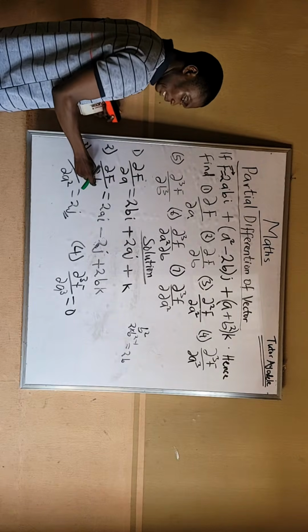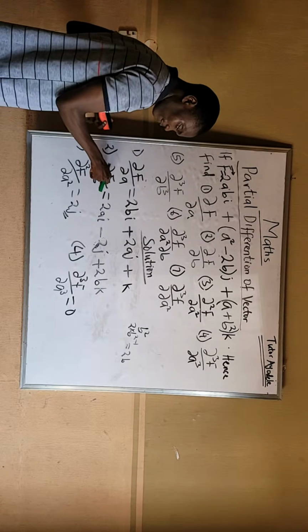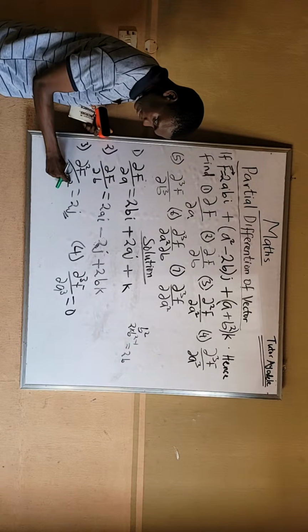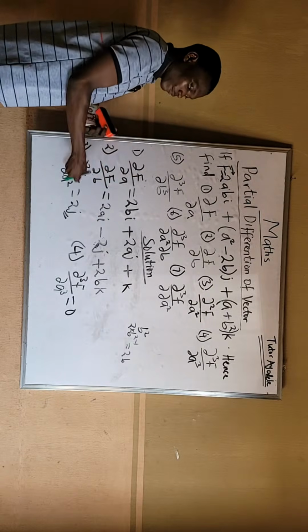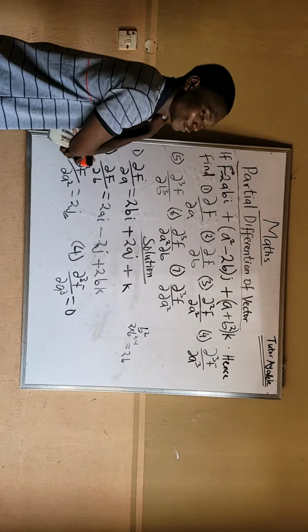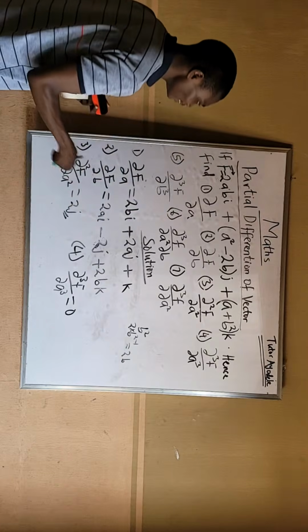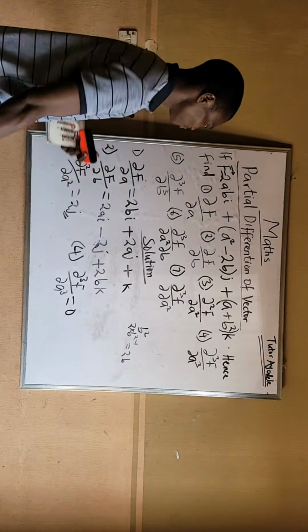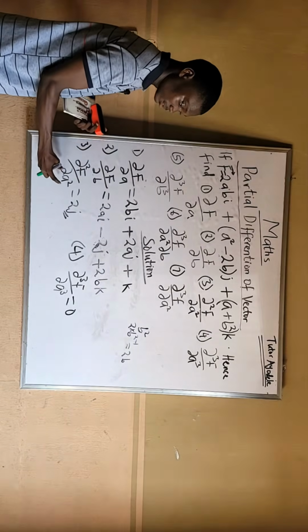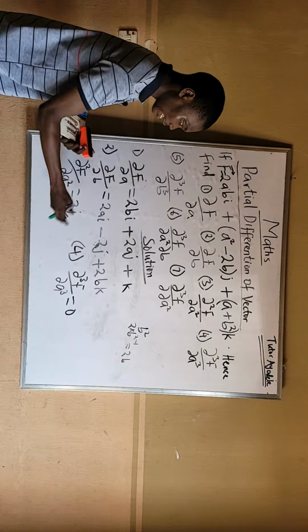This one is in terms of b, but we have not even differentiated the first time, not to talk of the second time. For a we differentiated for the second time, but for b we have not even done the second time, not to talk of the third time. So we need to differentiate for the second time and then for the third time. I believe you have written this, so make sure to write it before I erase this.